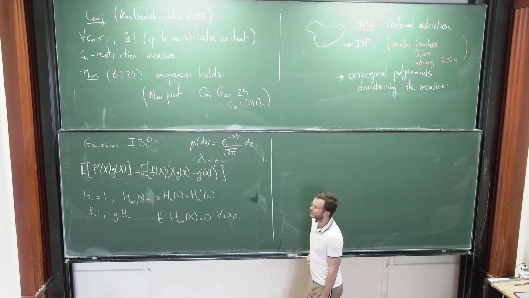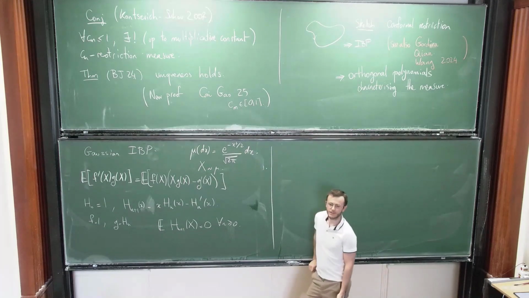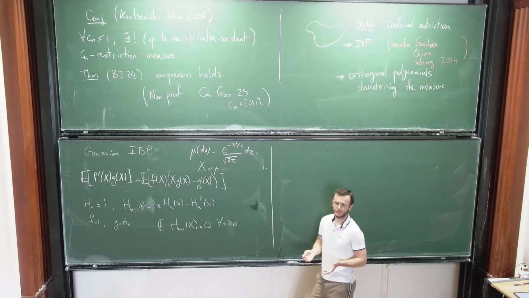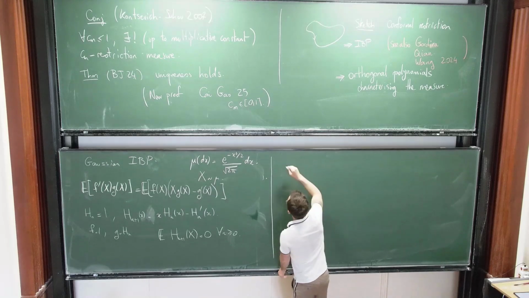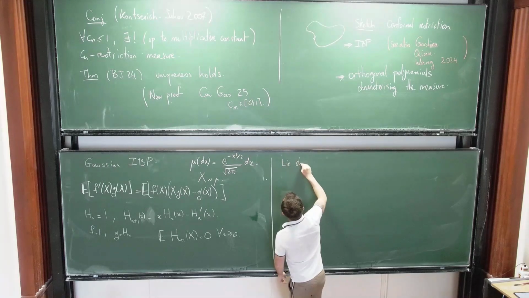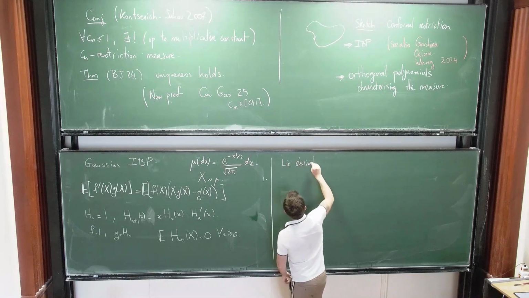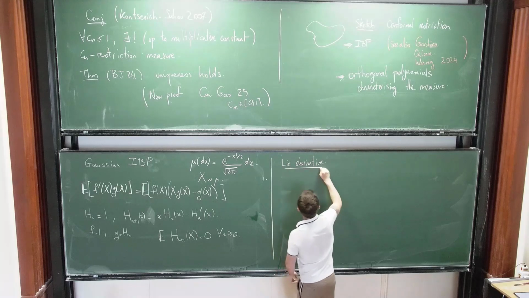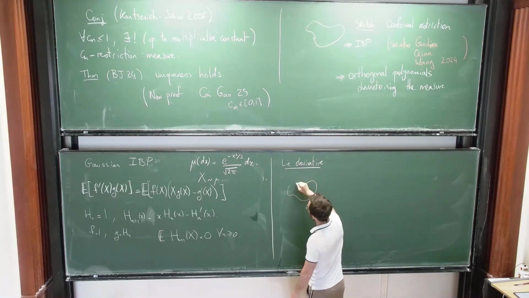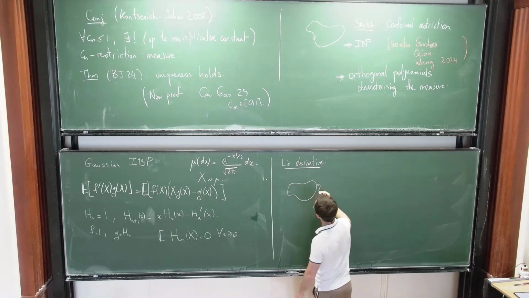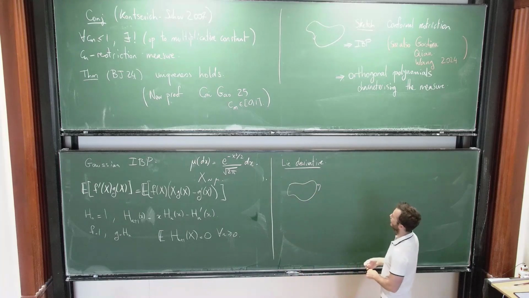So if we want to make this work, I first need to explain what I mean by differentiating in my space of Jordan curves. So I'm going to introduce a notion of derivative. I have a Jordan curve eta, and I want to perturb it slightly.